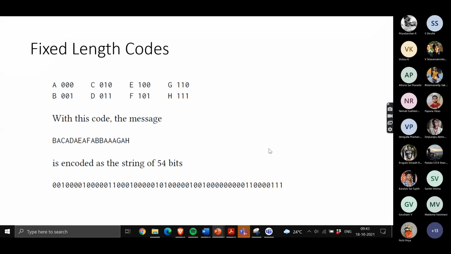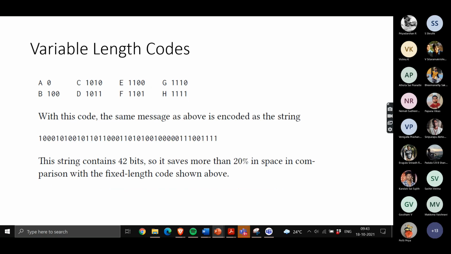In the fixed length coding scheme, we can tell the destination that each character is represented by 3 bits. But in the case of variable length coding, how do we do that, because each and every symbol is of different length? See, in this case, A is a single digit, B is 3 digits, and C is 4 digits. So there is no way to know where the symbol ends, isn't it?